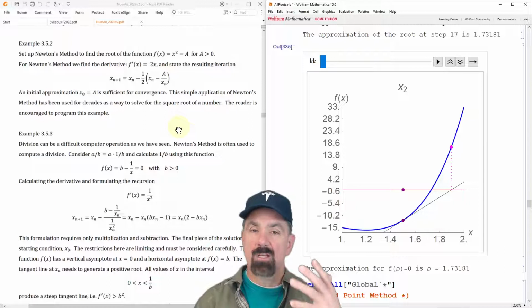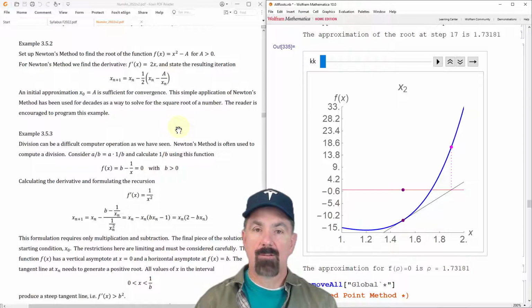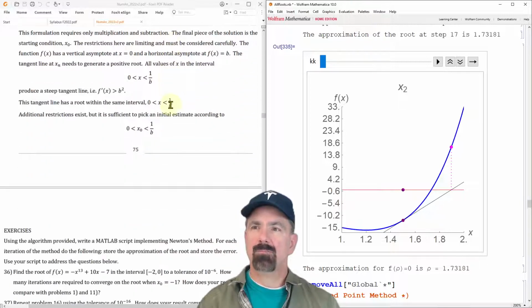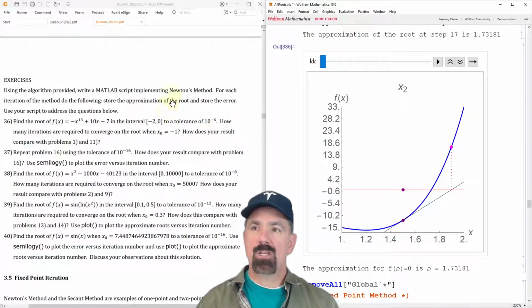Just like the square root is also an important example. We don't think of it because we just type square root in, but the machine does not have a magic capacity to find square roots of numbers. So there are techniques to do this, Newton's method being one of the more popular. And then, of course, same issue as we have previously. You're going to work all of the problems here in the exercises, which basically means once you've developed your Newton's method, you'll apply it to these different problems.